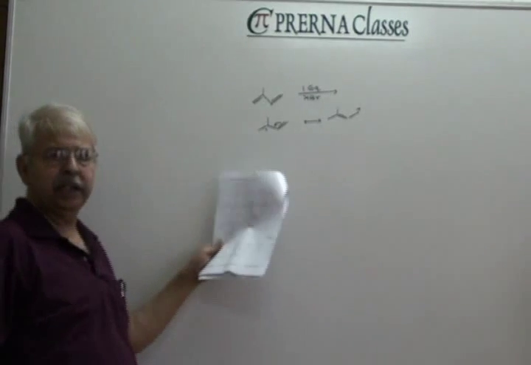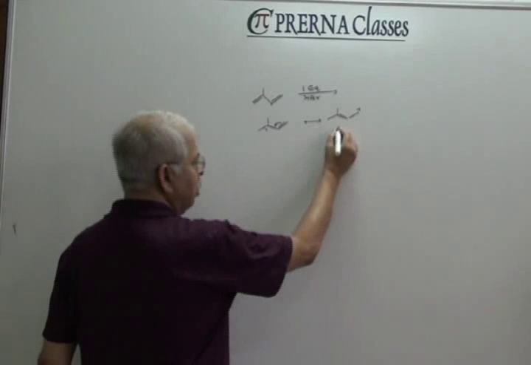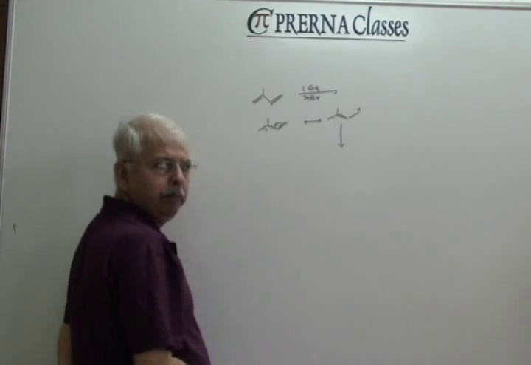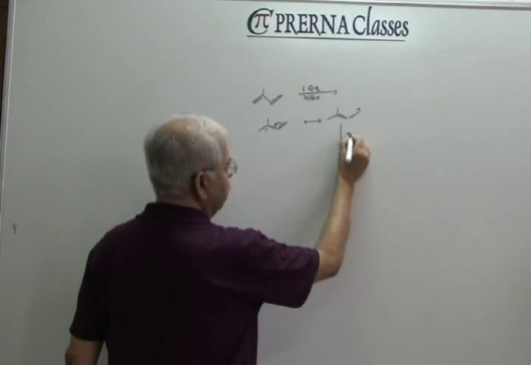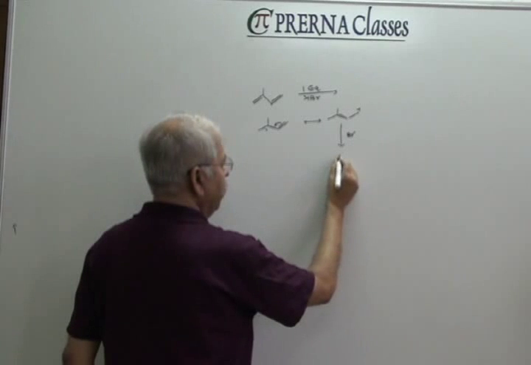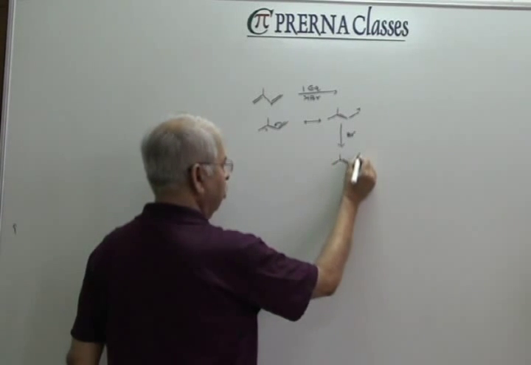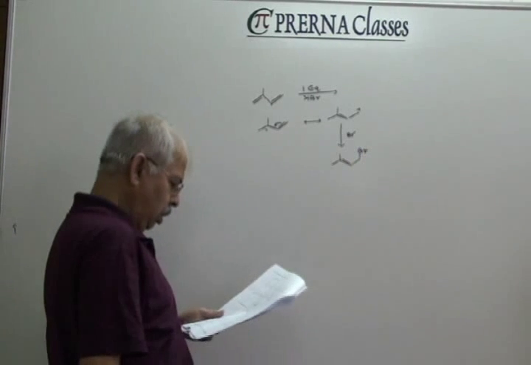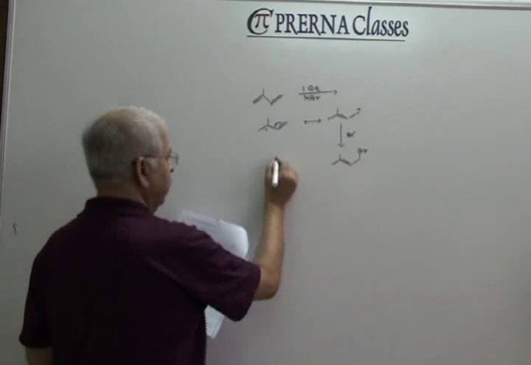Now this is 1,2 addition and this is 1,4 addition. Since he has not mentioned anything about temperature, let us assume the temperature is room temperature. Then it is the 1,4 addition that is the major product. Now this with Br minus will give you this. Now according to this, your answer is D.